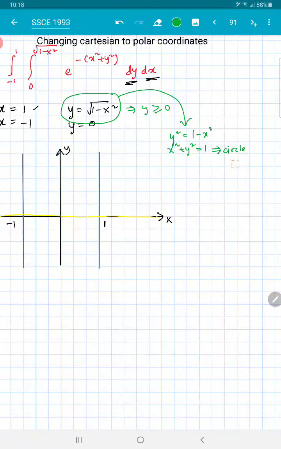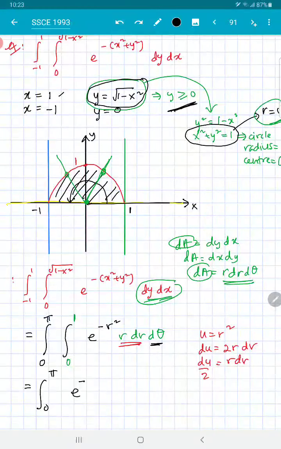So we have 0 to pi, and here we have e to the negative u, and r dr is du over 2, and we still have d theta.